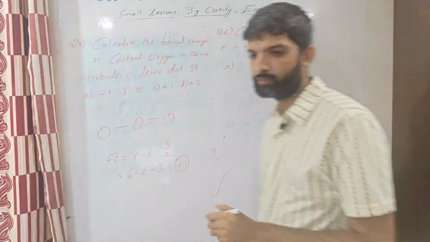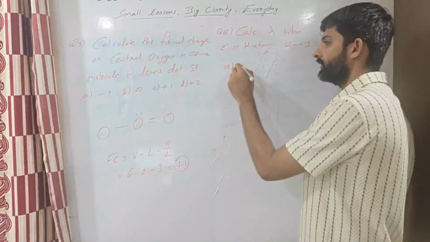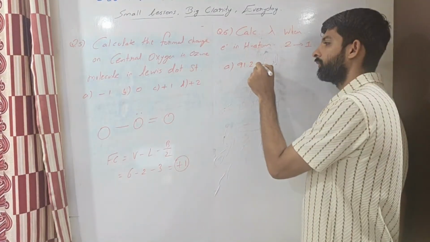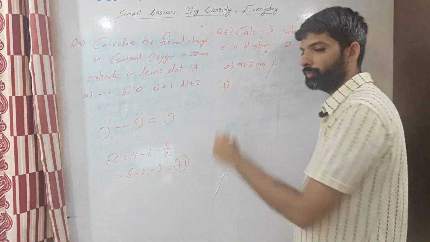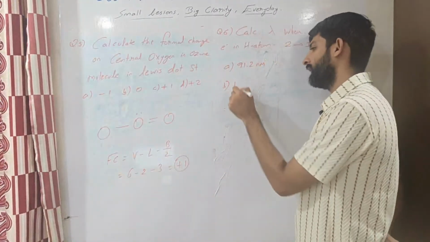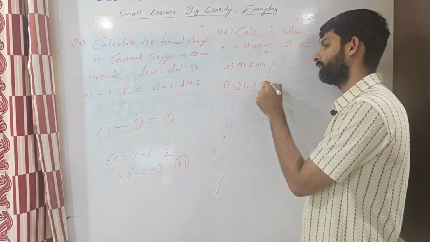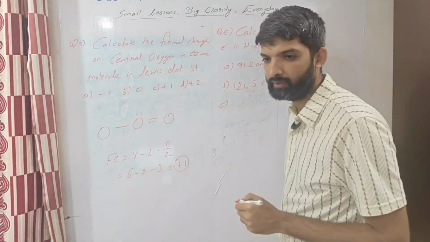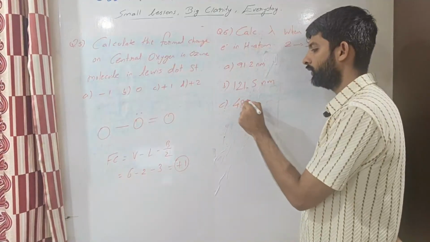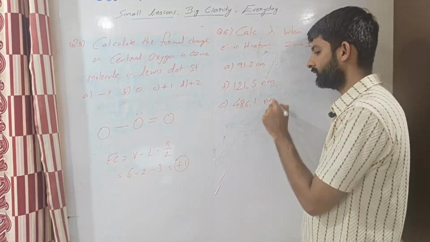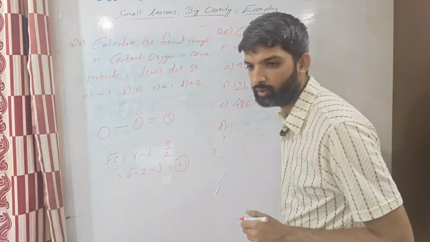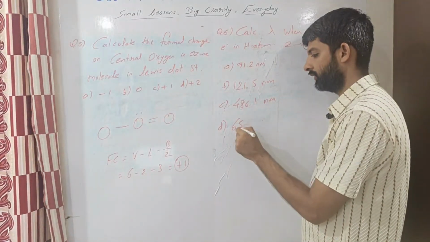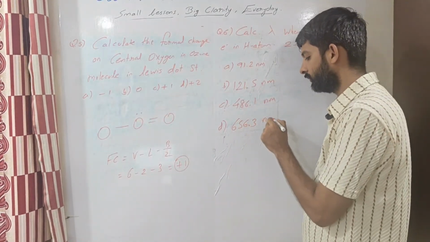Options are given: A 1.2 nanometer. Option B is given 121.5 nanometer. Option C is given 486.1 nanometer. And option D is given 656.3 nanometer.